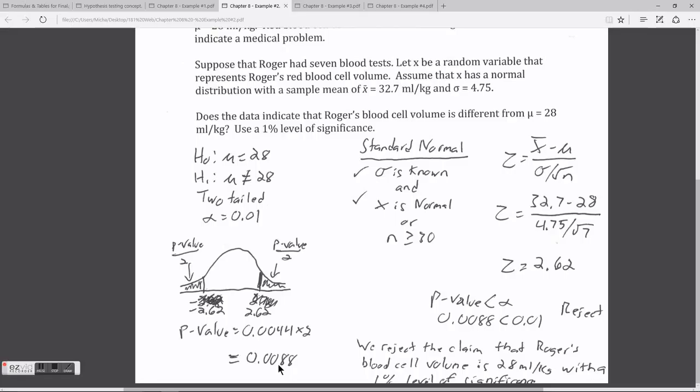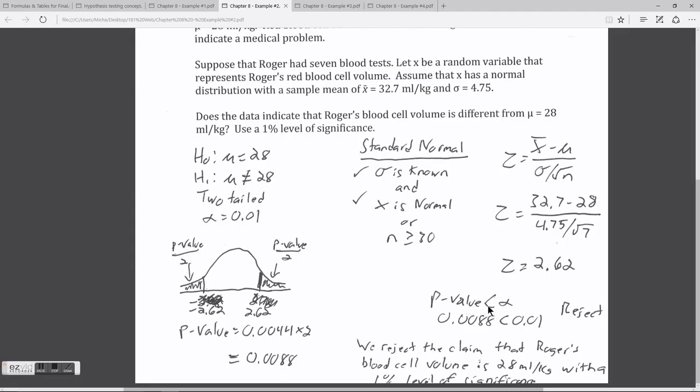What I've calculated here is that the probability Roger could have a normal blood cell volume of 28 and have a sample of 7 tests that give me a volume of 32.7, that probability is less than 1%, 0.0088.